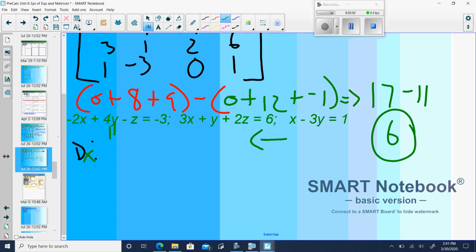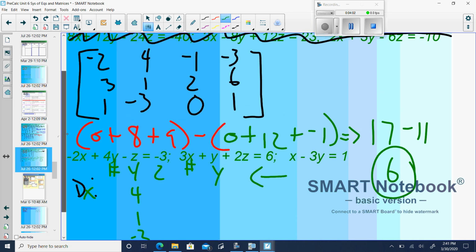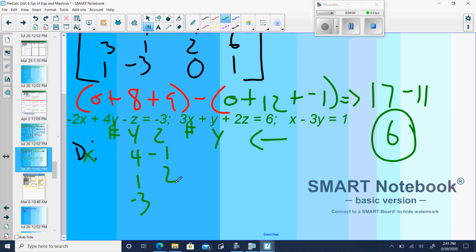All right, so here we need number, y, z, number, and y. So 4, 1, -3, -1, 2, 0, 4, 1, -3, and then we need -3, 6, 1.